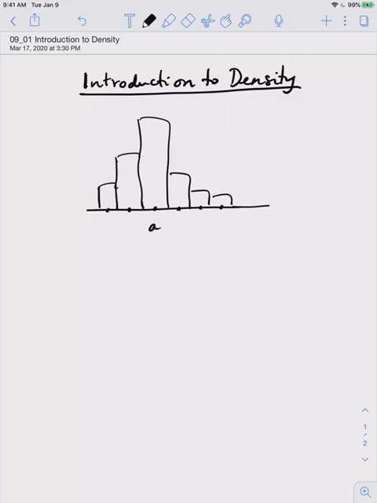So if we call this value A and this value B, then the probability that the random variable is in the range A to B is the total area of the bars over the values A through B.